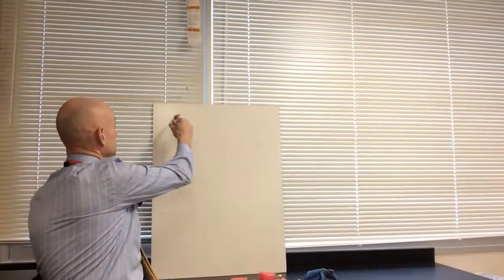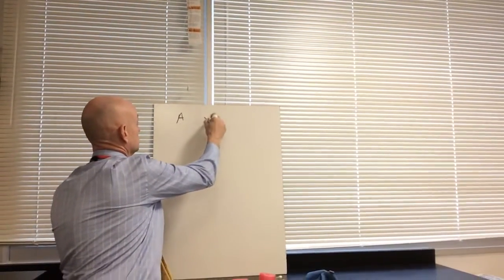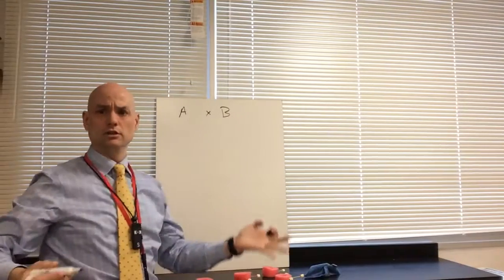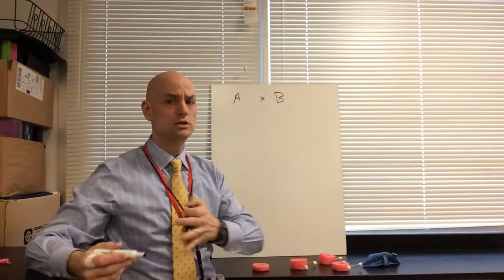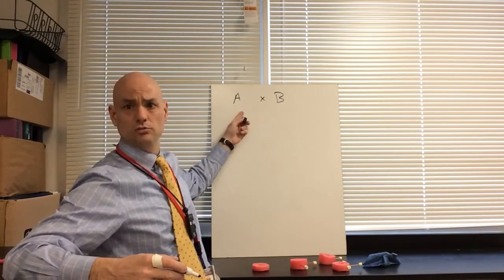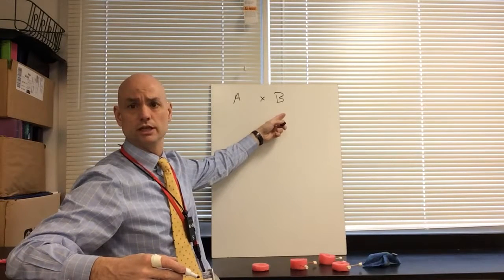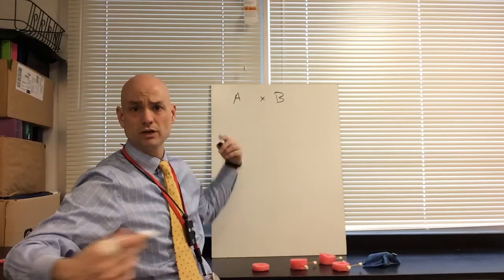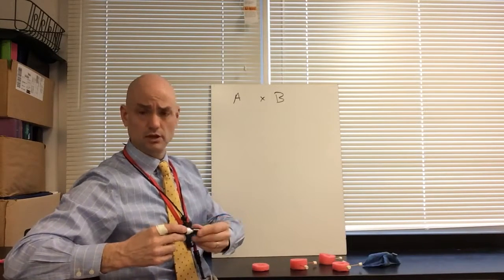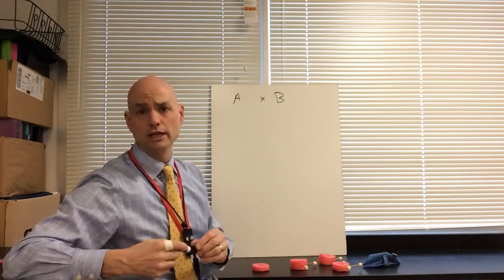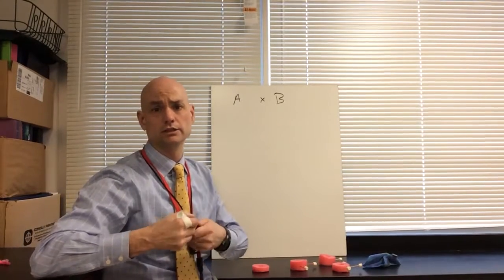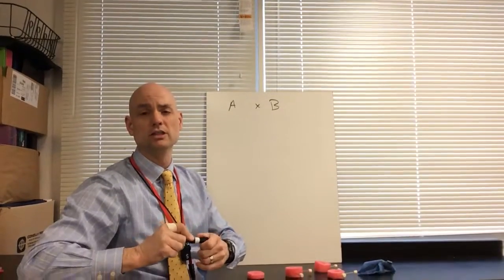So we have someone who's type A. We're going to cross them with type B. Now, of course, we don't know if this is homozygous or heterozygous, and homozygous or heterozygous. So we're not sure right now. Let's just assume that they're homozygous, let's start with homozygous.